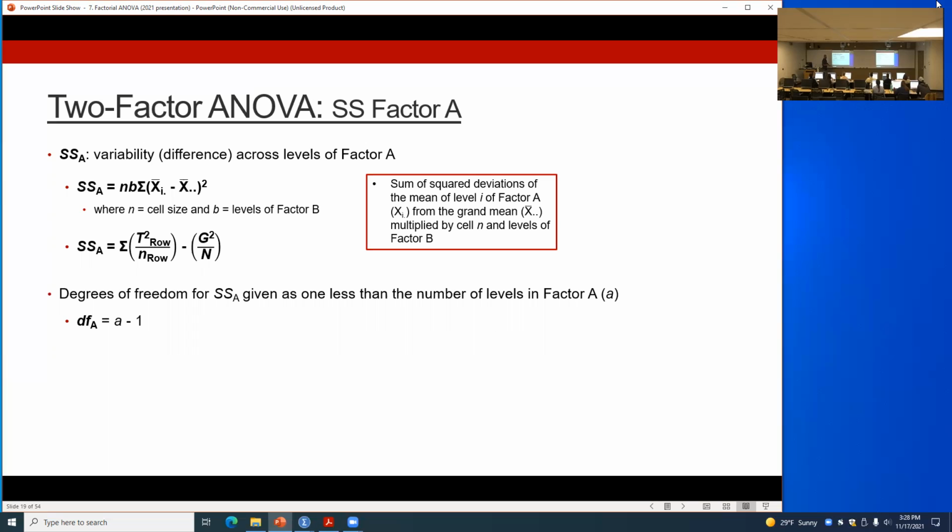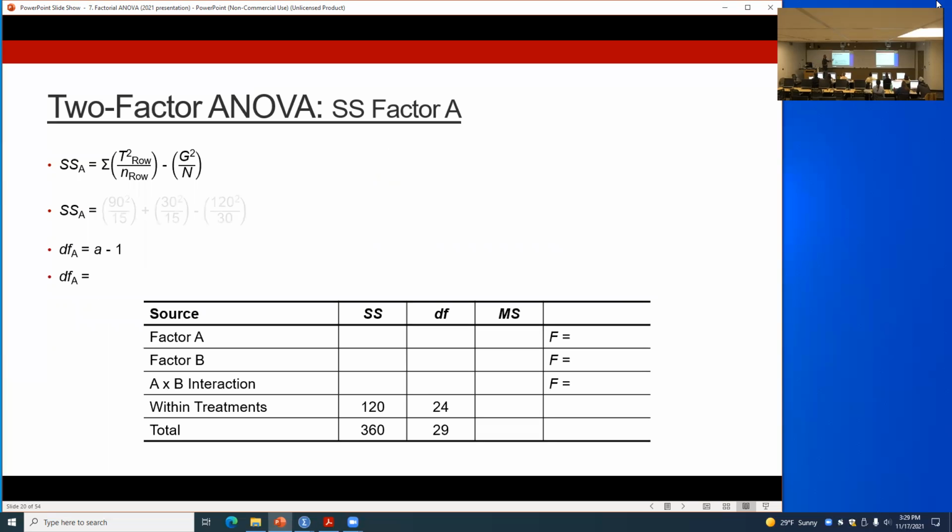The degrees of freedom is just one less than the number of levels of factor A. So here, the row total for A1 is 90. The row total for A2 is 30. We take those, square them, divide each by the number of people, and subtract the grand total squared over the total number of people. That gives us our sum of squares A.